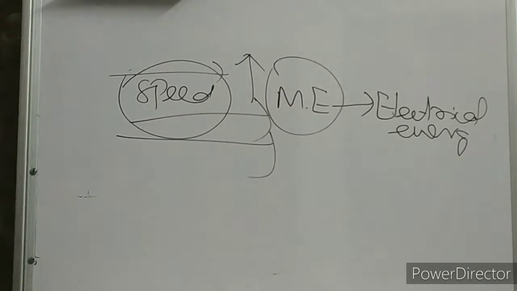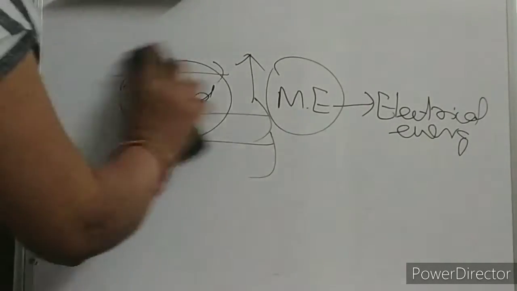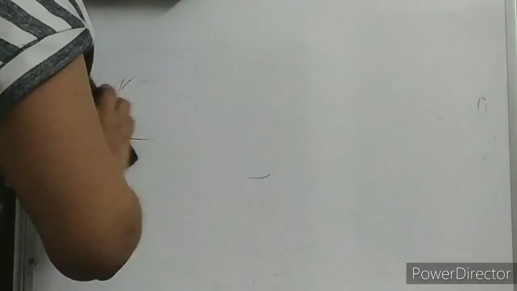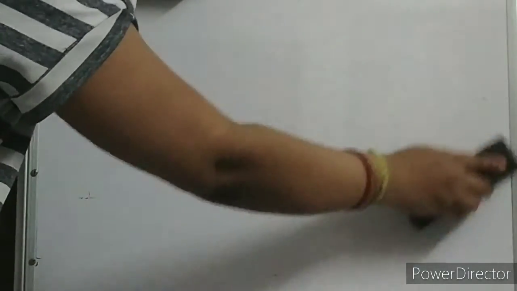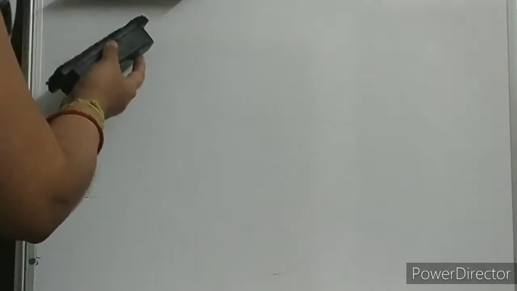Now, what we will do? We will now see whether, for the generation of induced current, it is really necessary to move the coils. We will see another way of inducing current, how we can change the method.